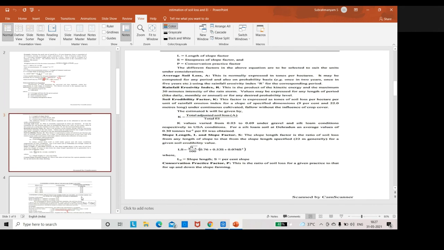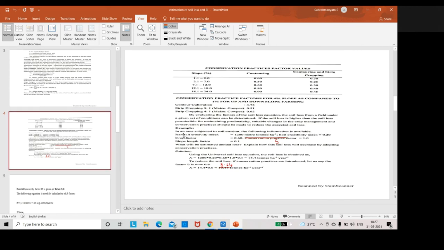In this way, in the universal soil loss equation, how we will calculate the soil erodibility factor K value and the rainfall erosion index R are all explained. Thank you.